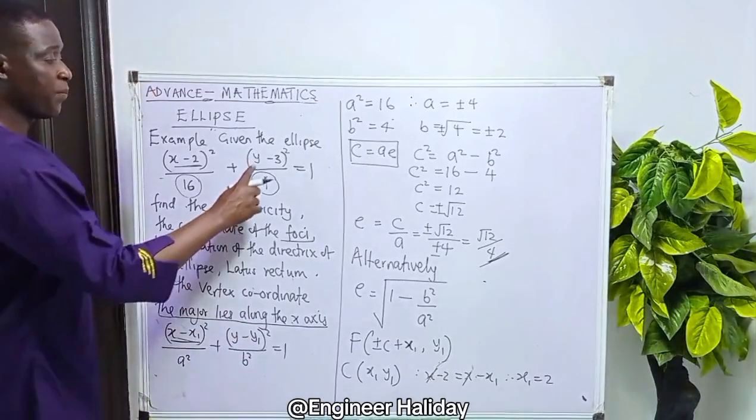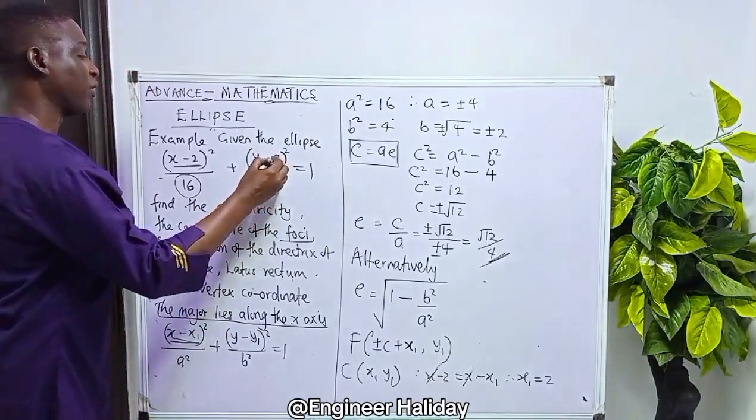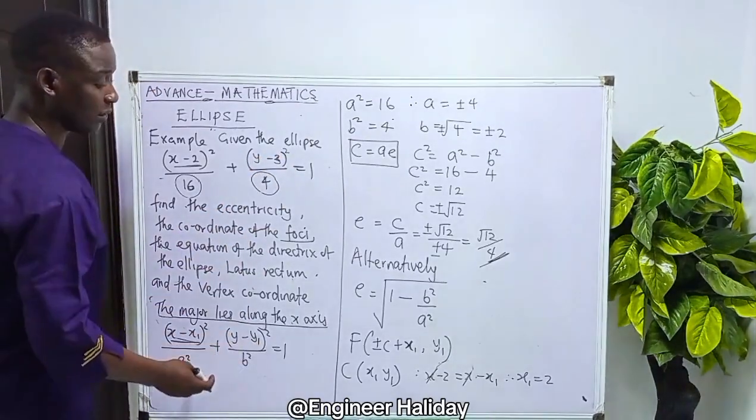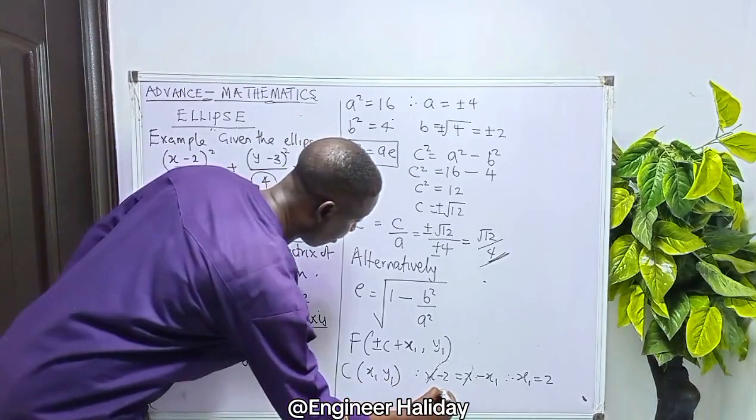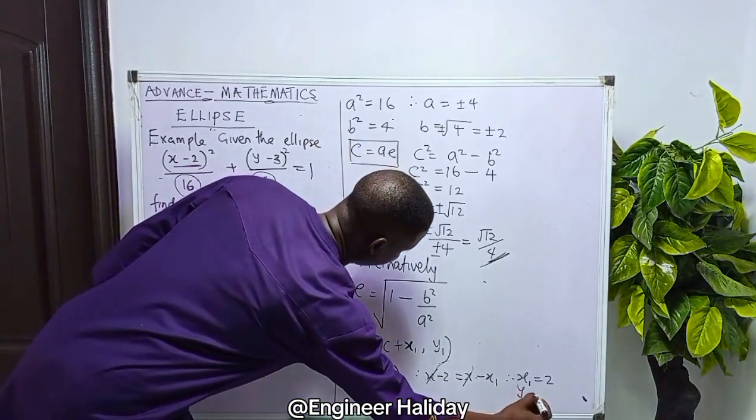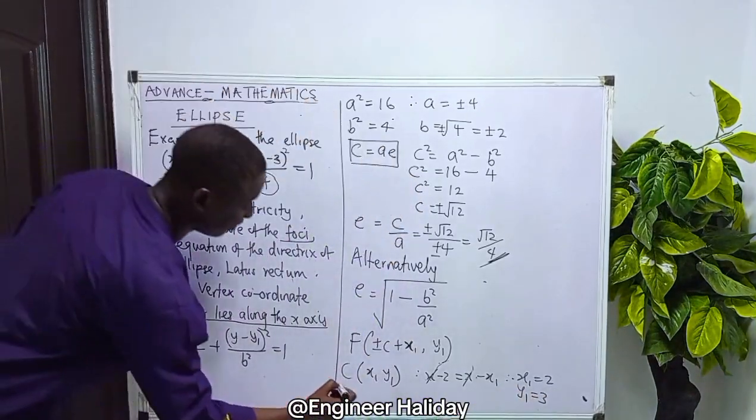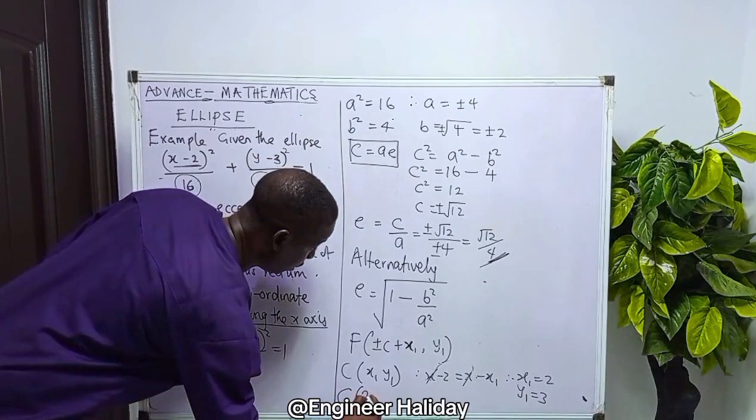Similarly, comparing y minus 3 with y minus y1, we get y1 equal to 3. So our center coordinate will be (2, 3).